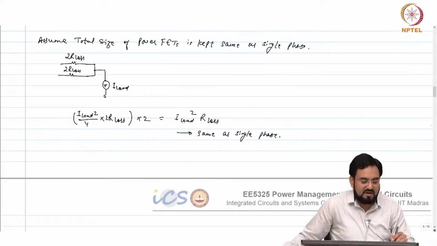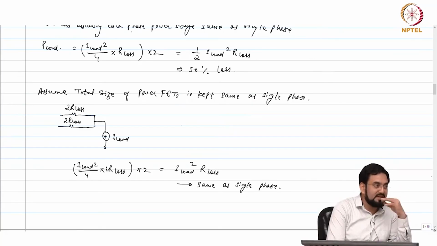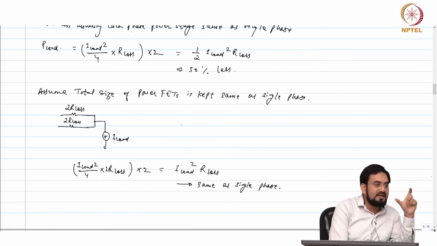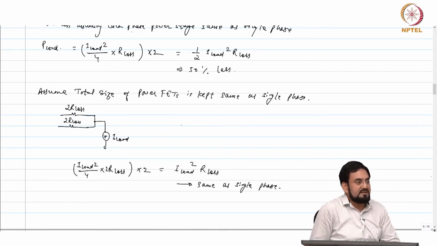Okay. But now let's say same thing I want to do for the boost. You know, current is boosted there. So your inductor current is I load over 1 minus D. Let's say I am operating at 50% duty cycle. So 1 amp load current, inductor will be seeing 2 amp current.